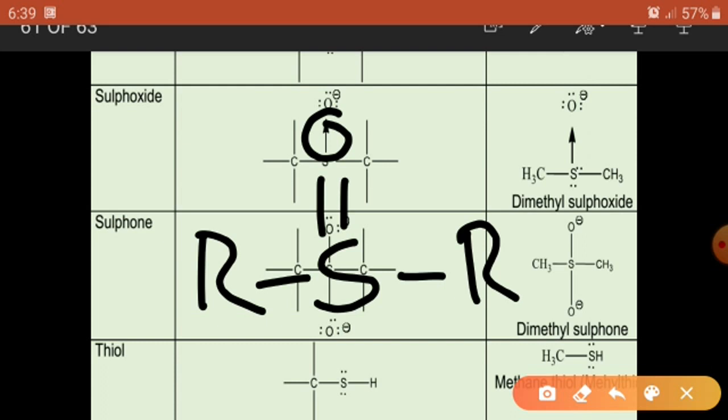It may be methyl, it may be ethyl, it may be propyl. On both sides it may be similar or different. In dimethyl sulfoxide, only 2 electrons are present here, and on both sides methyl groups are present. So please make a correction in your textbook.